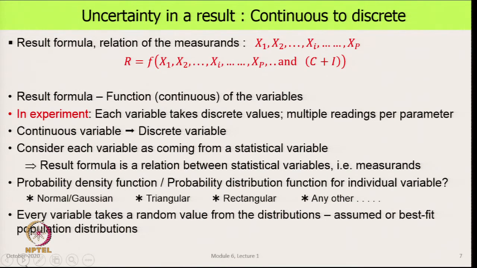So, here are some of the issues that come up in doing this analysis. When we say we have a result formula f of this, we have basically said that it is a continuous function of every variable. That means its derivatives are defined. There are some instances that you would have come across where that may not be the case.